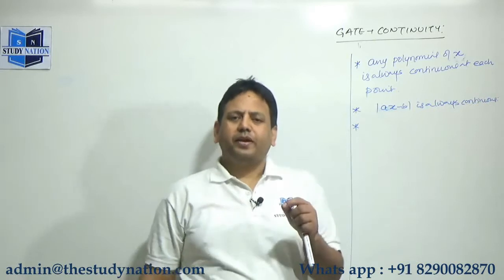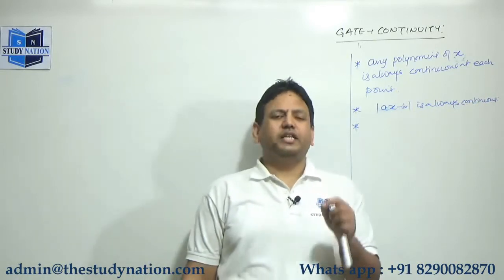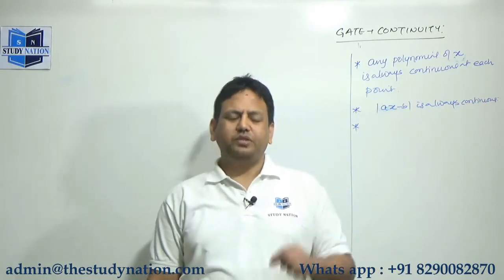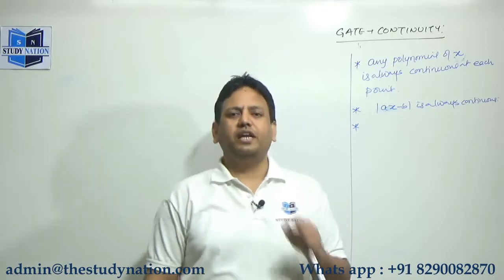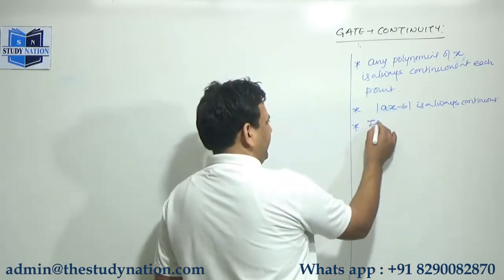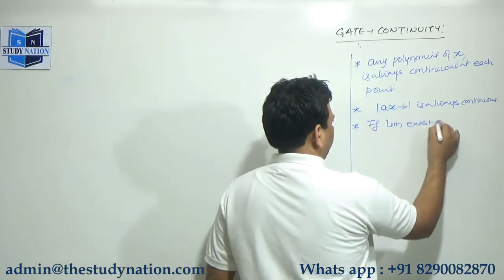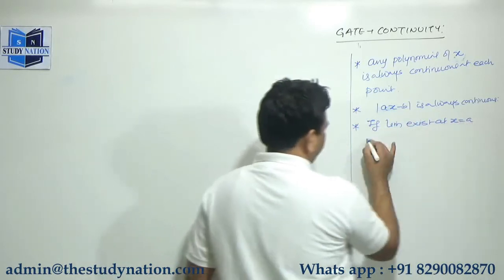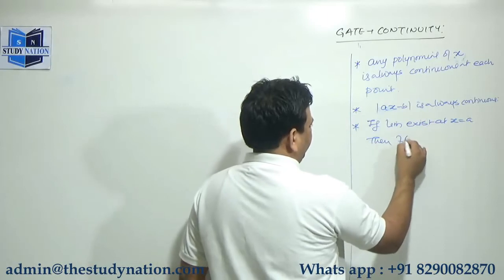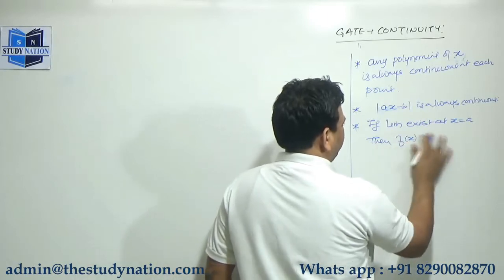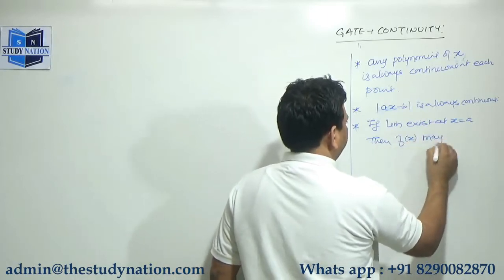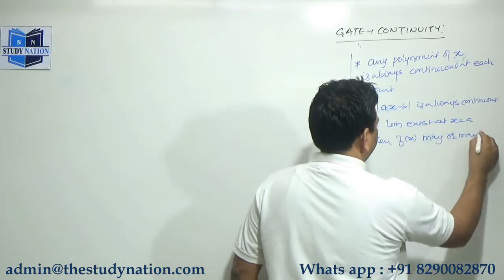And remember, if the limit exists, it is not necessary that the function is continuous, but if it is continuous, 100% the limit exists. If the limit exists at x equal to a, then f(x) may or may not be continuous.